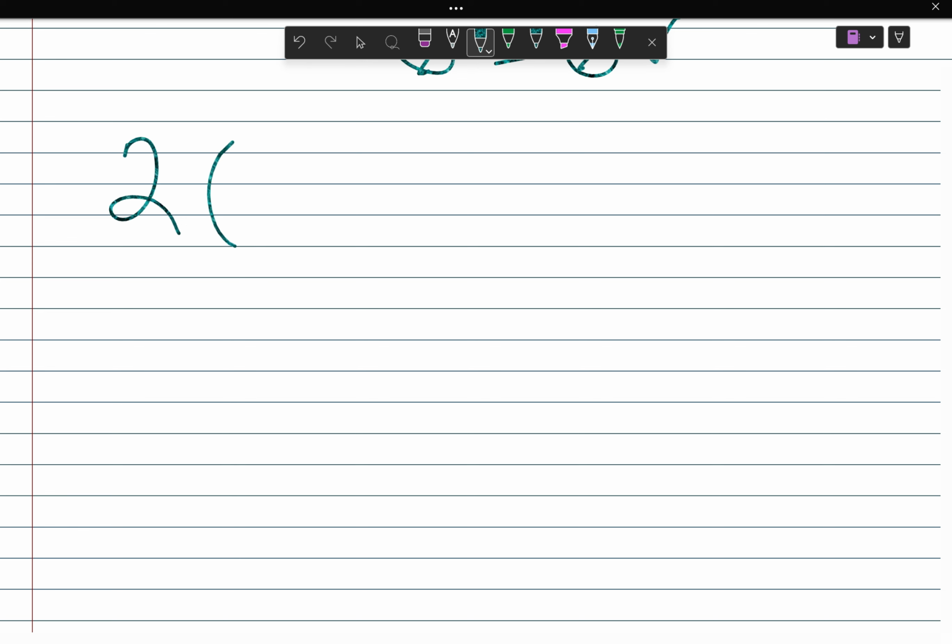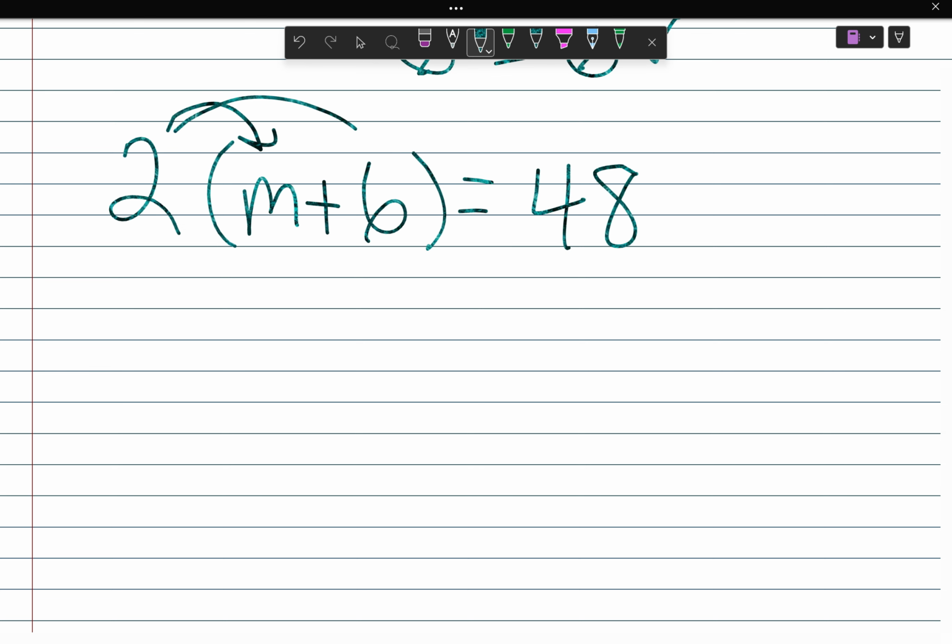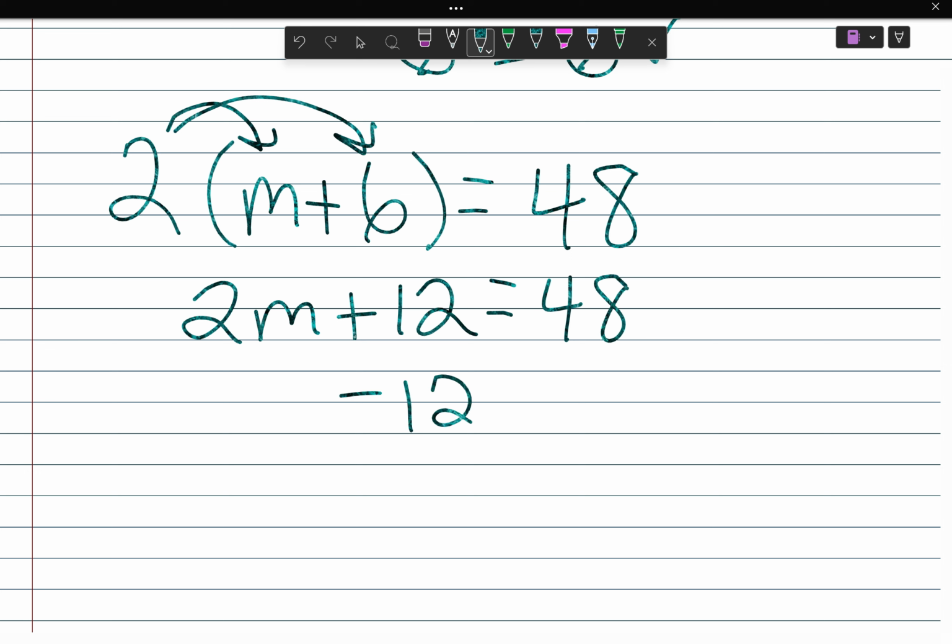New problem. 2 times the quantity of m plus 6 is equal to 48. First step is to distribute. We want to get rid of these parentheses. So 2m plus 12 is equal to 48. Now it's just like the last problem. We need to get the 2m by itself. So we subtract 12 from both sides.